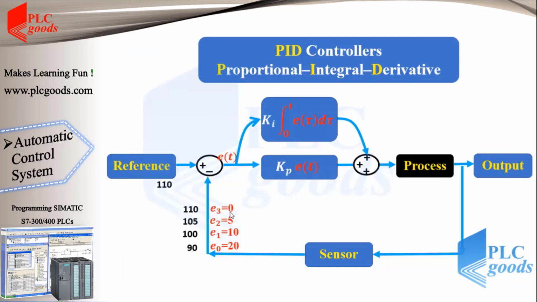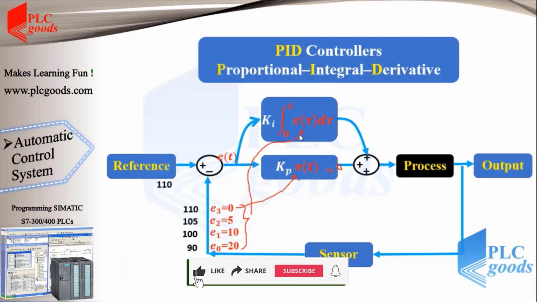Notice that when E3 is equal to 0, the output of the P term is equal to 0, but the output of the integral part is not equal to 0 anymore. We saw an example that sometimes, in order to keep the error value equal to 0, the output of the controller should be a non-zero number. Now, the integral term can use the previous errors to compute a non-zero output value.